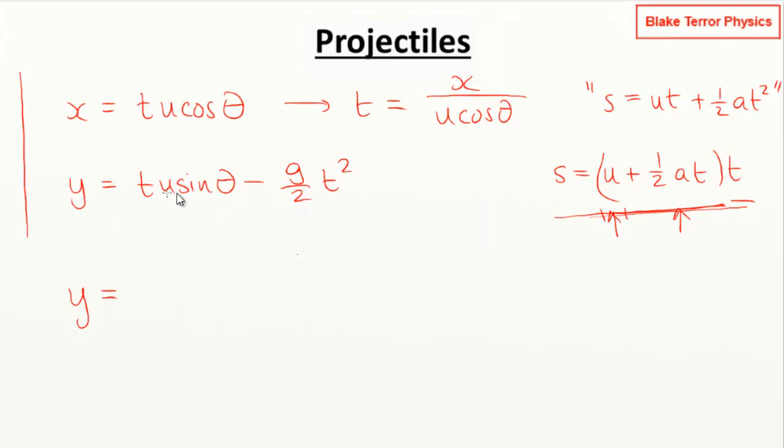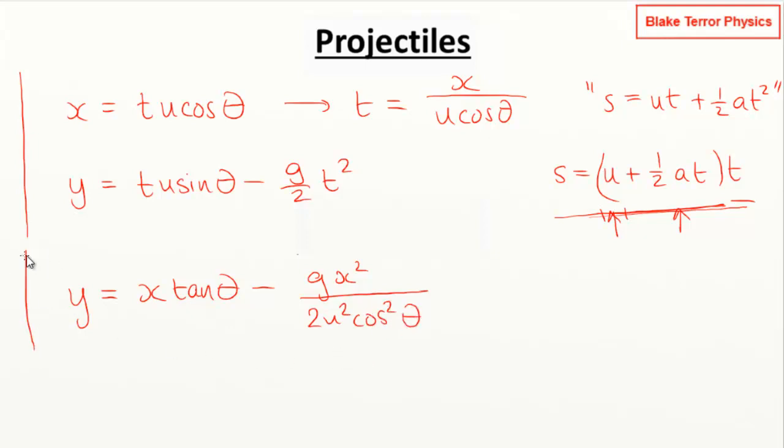So if we put that in, u sine theta divided by u cos theta gives us a tan theta. So we've got x tan theta for the first term. And then for this one, we're just squaring out. So we're going to have g x squared over 2u squared cos squared theta.